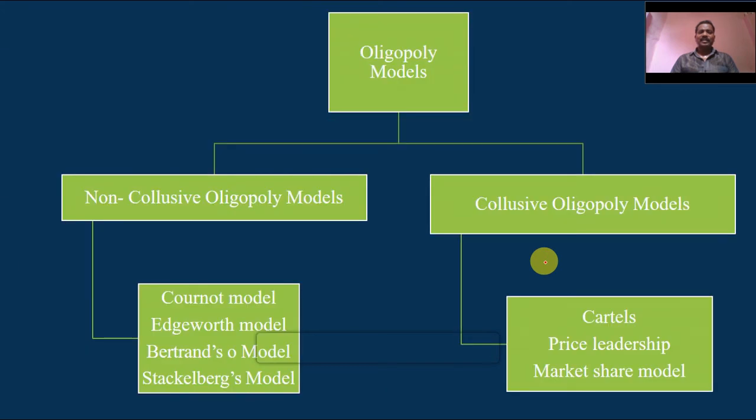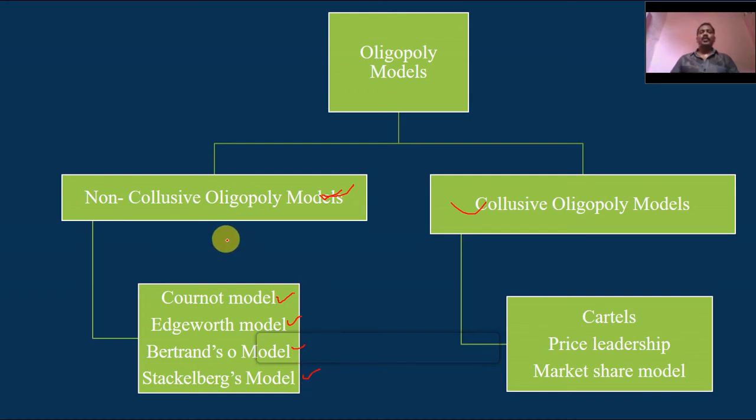We'll see the oligopoly markets classified as collusive oligopoly models and non-collusive oligopoly models. In the non-collusive, we have the Cournot classical model, Edgeworth model, Bertrand's model, and Stackelberg's model as the important models and theories.